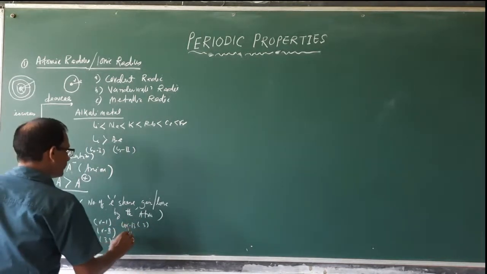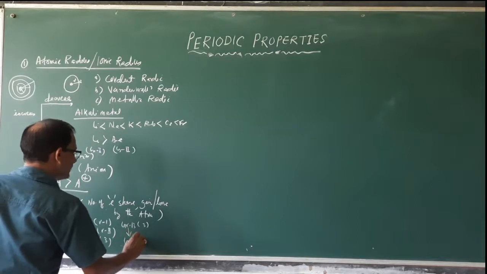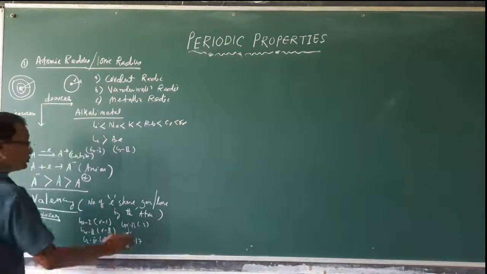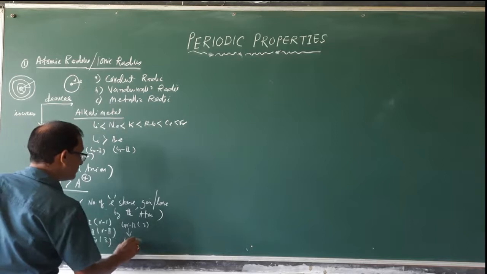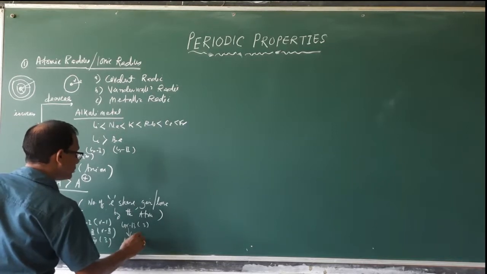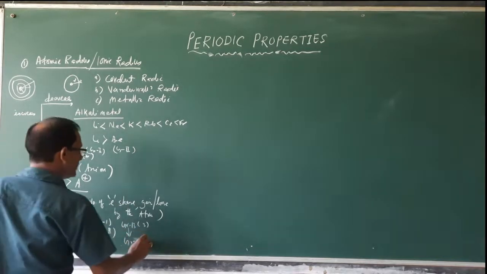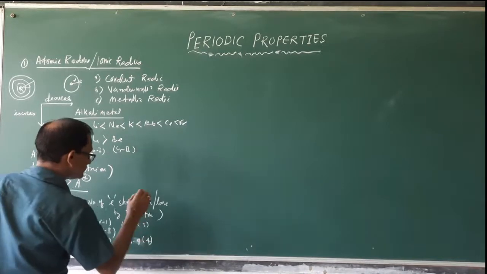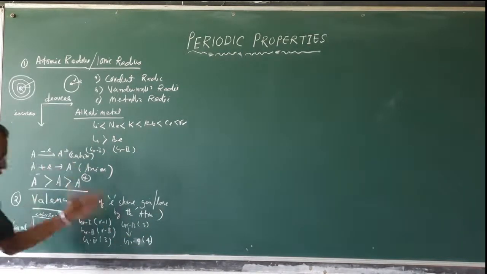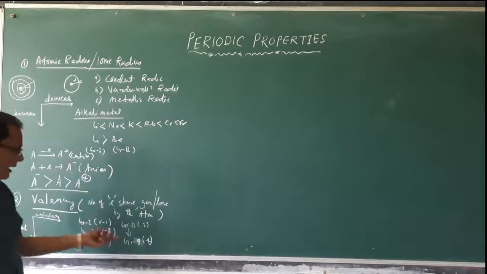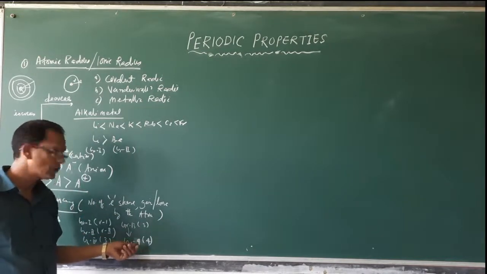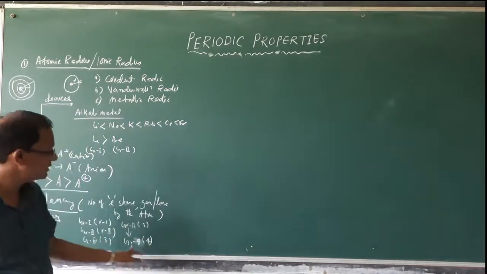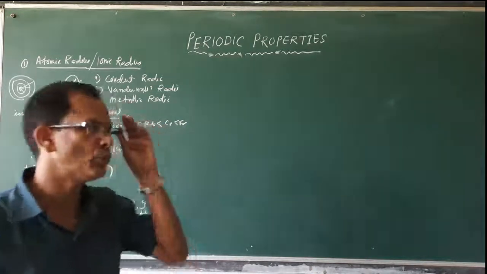Up to group 14, valency will be 4. Like this. So when the atom contains 4 electrons in the outermost shell, valency will be 4.